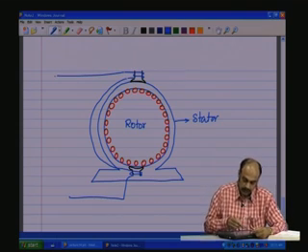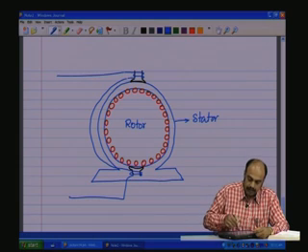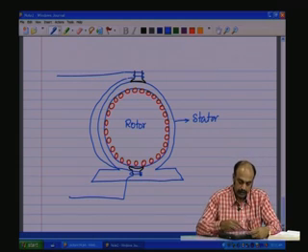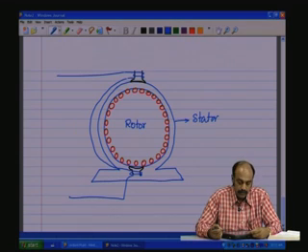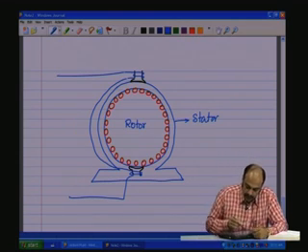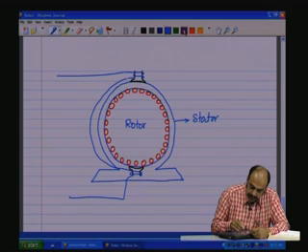Like that there are many poles around which the stator coils are wound, and we have the field which is getting generated.